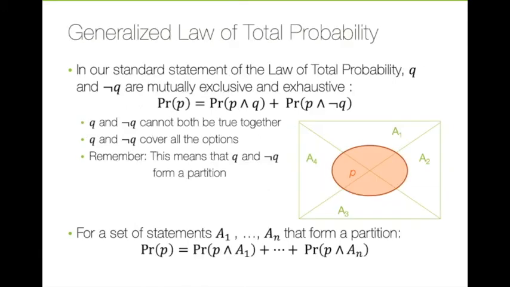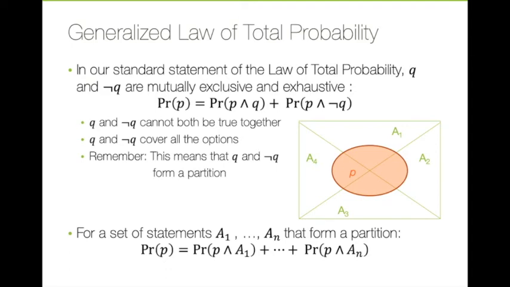The reason the law of total probability works is that we're adding up the chances that P is true along with the mutually exclusive options Q and not Q. Remember that these properties tell us that Q and not Q can't both be true together, and that we'll always be in circumstances where one or the other of these options is true.